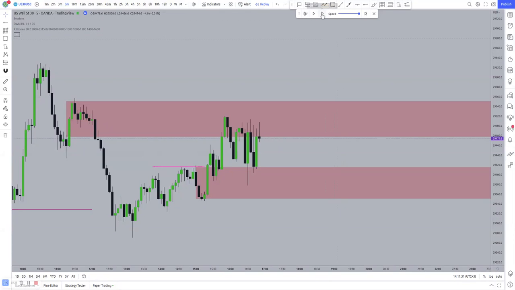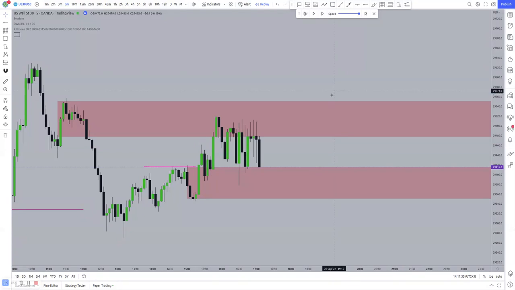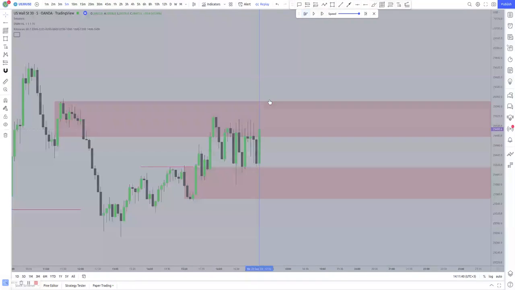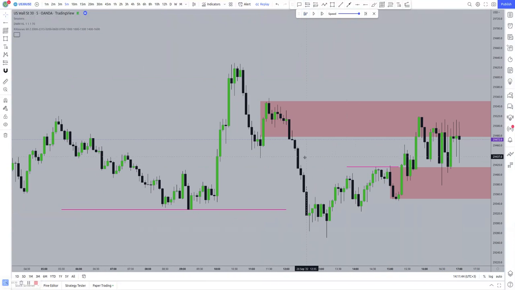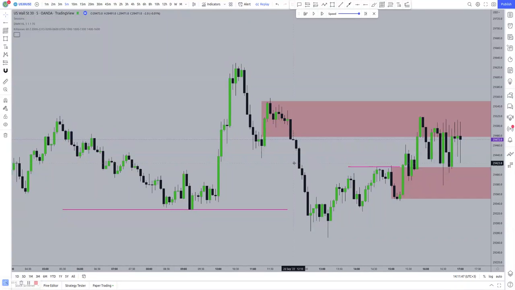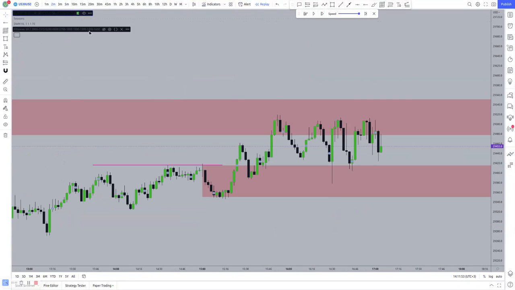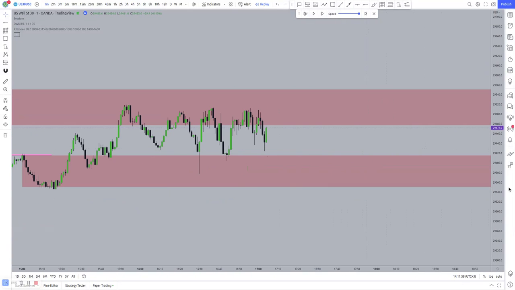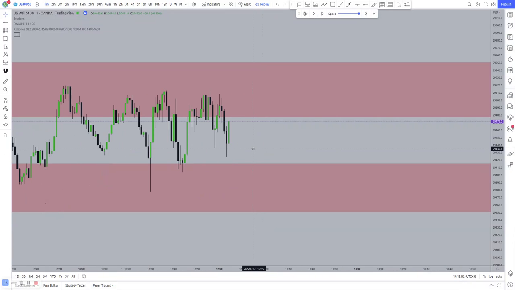I'll show you. Right here. Just a second, guys. All right. So now let me go to M1. I'm very comfortable with indices going to M1 because of the volume.